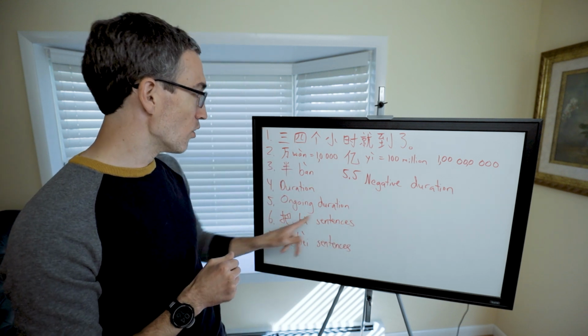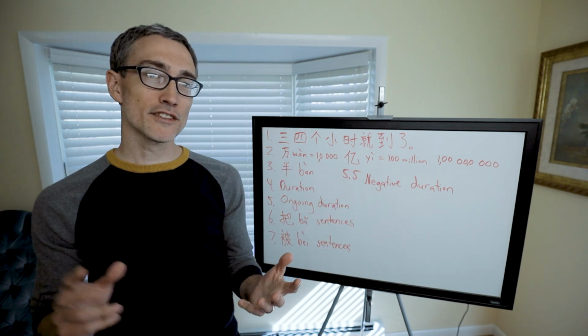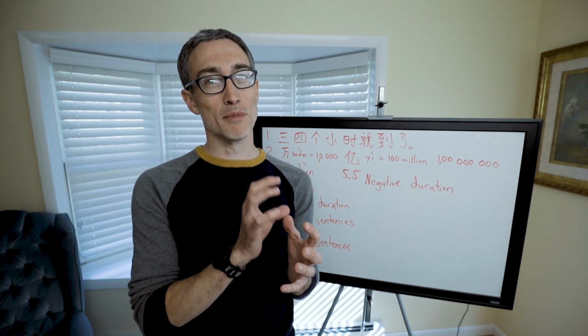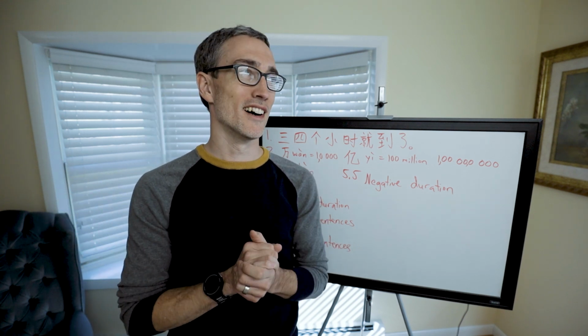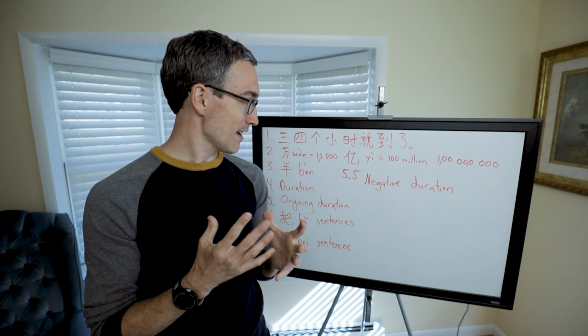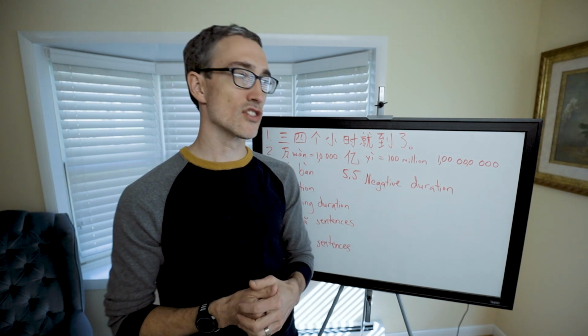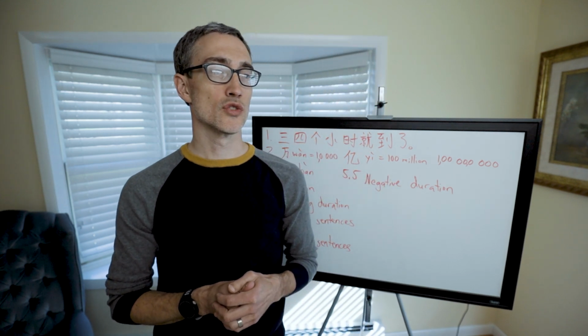Okay, then we have negative duration. Negative duration, the duration goes before the verb, and there is a mei or meiyou, and then a la at the end. An example of this would be 我已经2年半没学中文了.